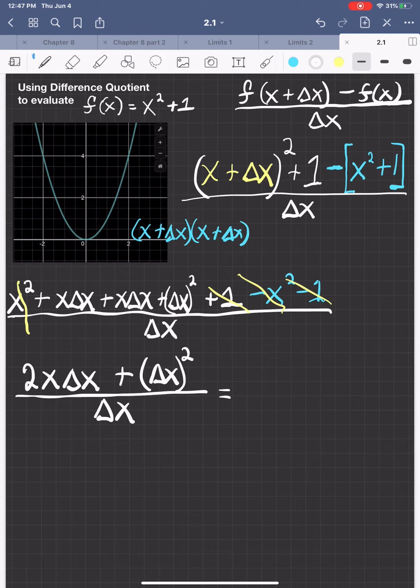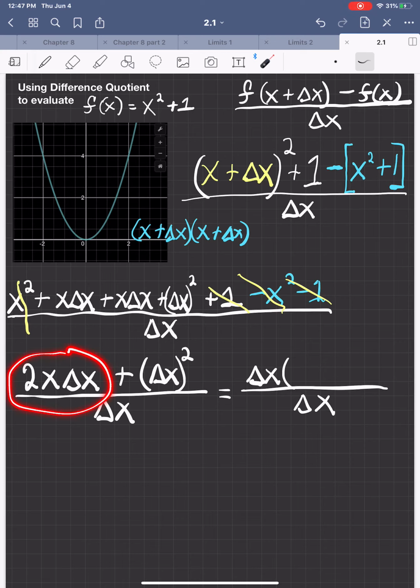If you would like something a little bit more formal, let's pretend like we factor out a delta x out of that numerator. We didn't do anything to the denominator, we'll just leave that as delta x. Now let's assume that you and I factor out a delta x out of the numerator. So let's see what's left. If I factor out a delta x from here, I would just have a 2x left over.